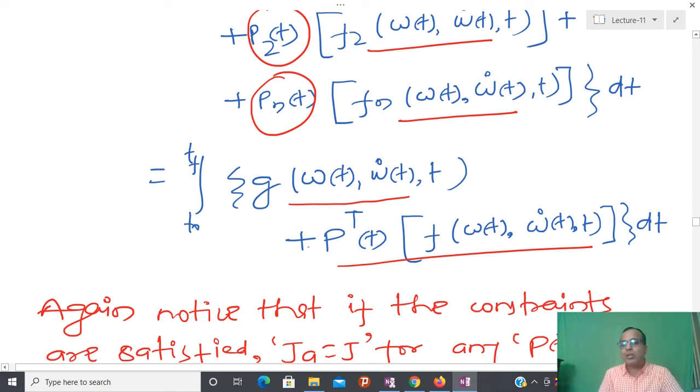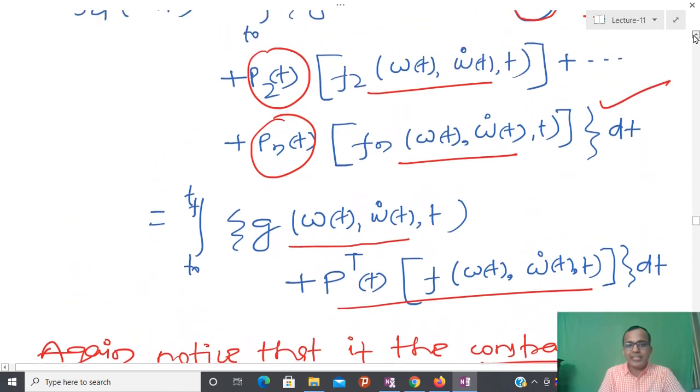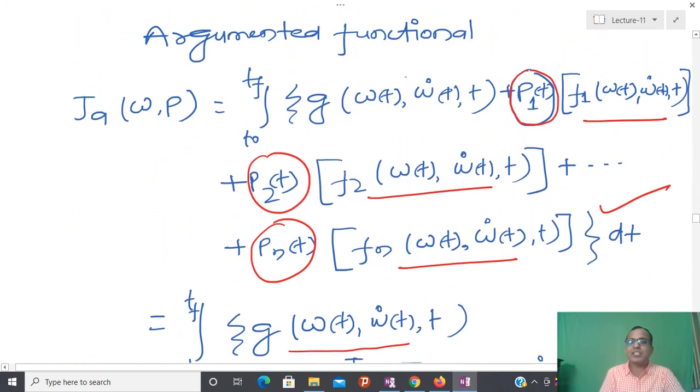So I have a row multiplied by a column, and the same kind of condition is going to be generated. Now, once the constraint is satisfied, the performance function contains just the term integral from t0 to tf of g(omega(t), omega dot(t), t), because if the constraint is 0 then f1 is 0, f2 is 0 and fn is 0.